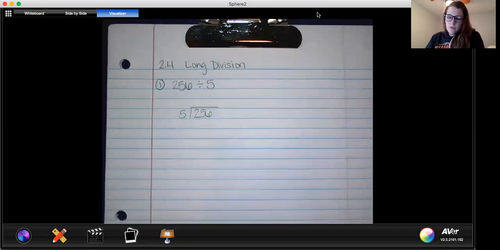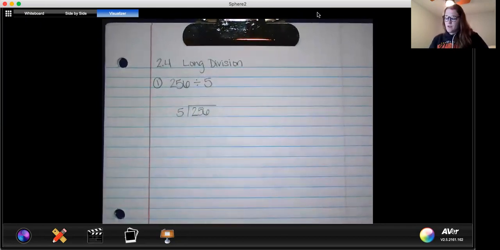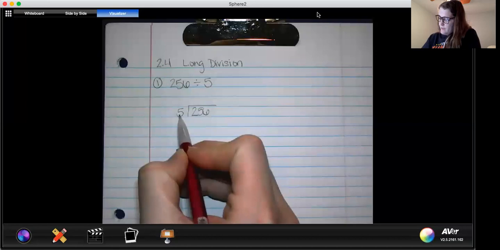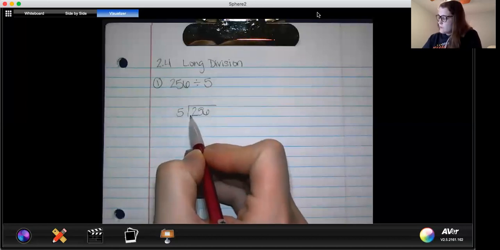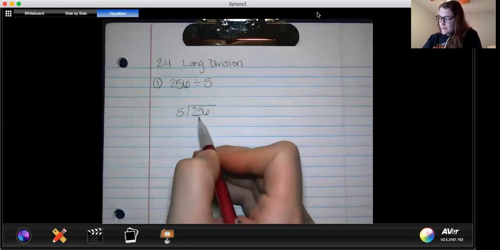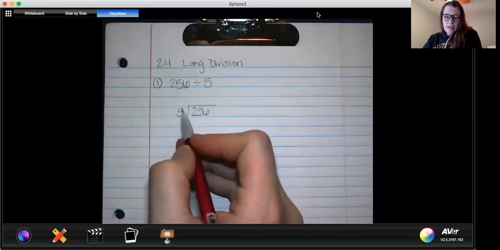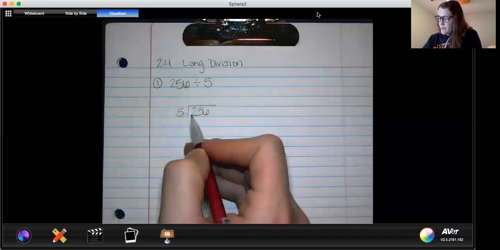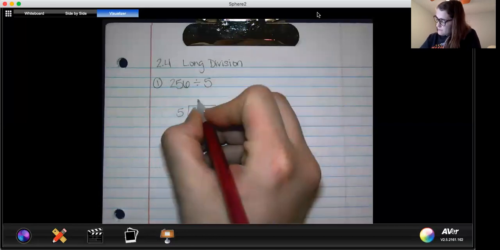So the first thing you do in these types of problems is you divide, okay? Step 1. So can 5 divide in 2? No, so we go to the next number. Can 5 divide in 25? Yes. So you think about how many times can 5 divide in 25, which is 5 times.